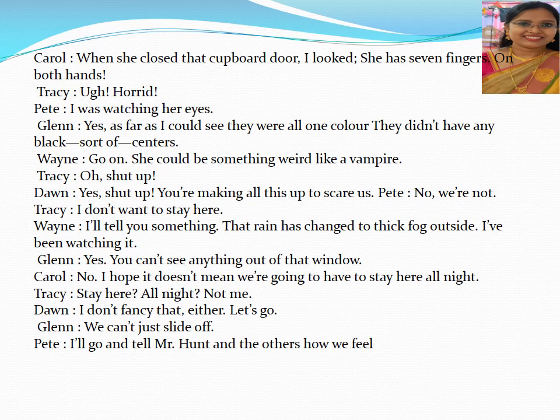And Tracy, Dawn and Glenn say, no, we can't stay here, let's go from this place. So Patty says, I will go and tell Mr. Hunt about the strange things we have found in Mr. and Mrs. Brown. We can't stay here the whole night, so it's better to move off from here.